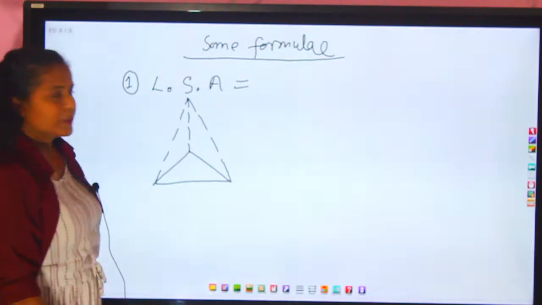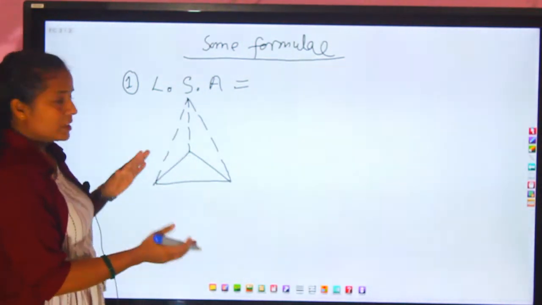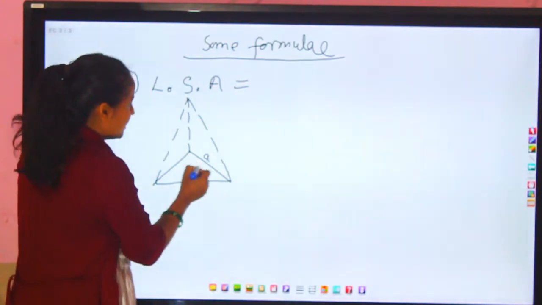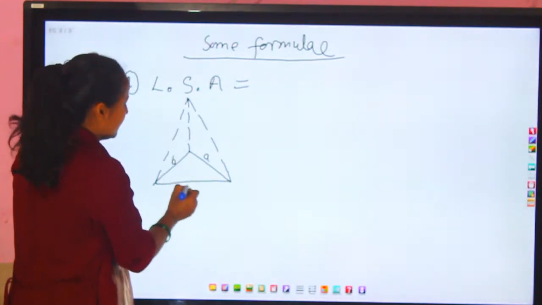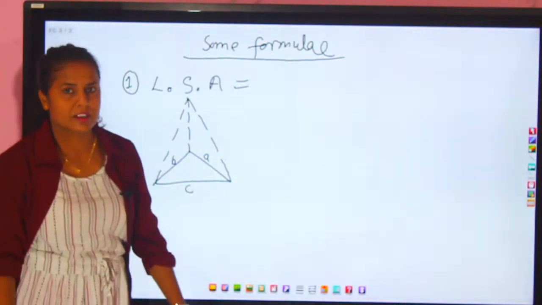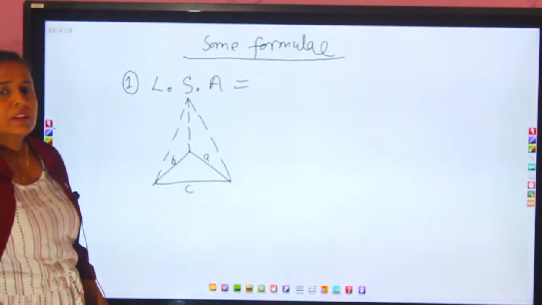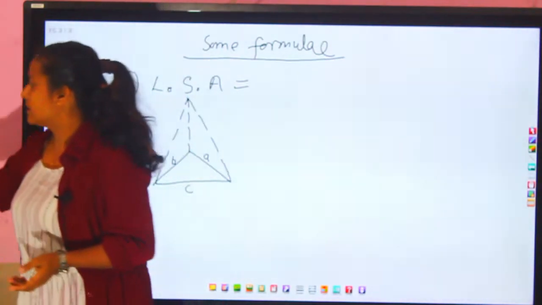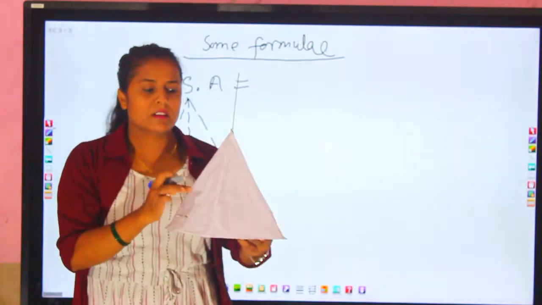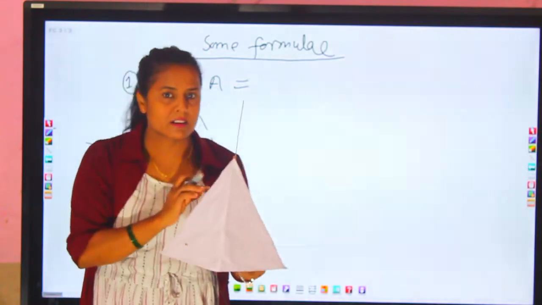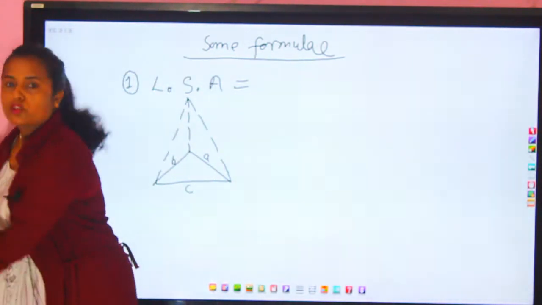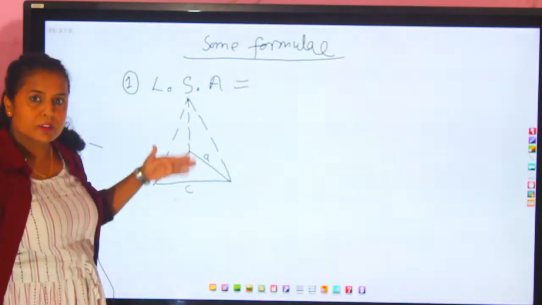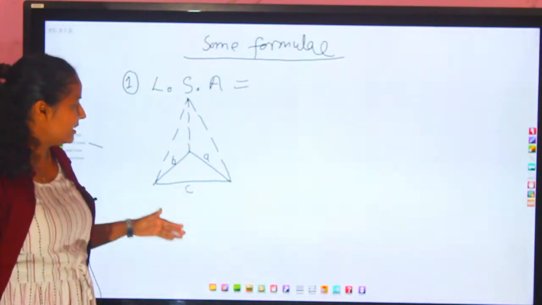Okay, it is a pyramid. Let's suppose the sides of the base of the pyramid are of length A, length B and length C. To find the lateral surface area we need to add the areas of all the lateral faces. It is a triangular pyramid because the base of the pyramid is a triangle.